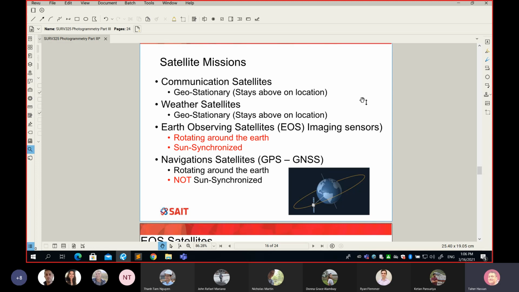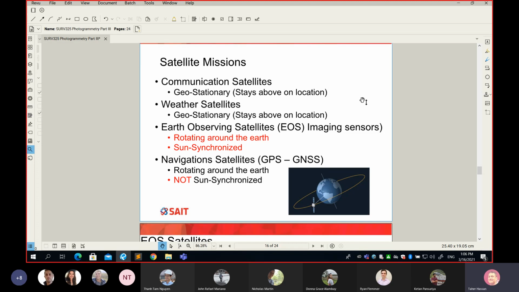That's called geostationary. Again, if you want to have, for example, a movie and you have a satellite dish, do you think your satellite dish should move all the time? It shouldn't. That's why those kinds of satellites are geostationary. You just have to orient your dish in one direction in space, and you can get the signal all the time. Same as weather satellites.